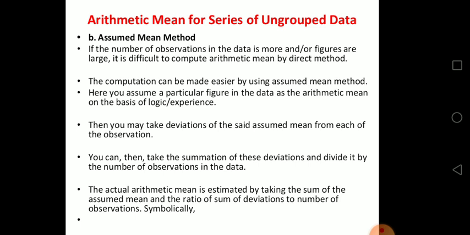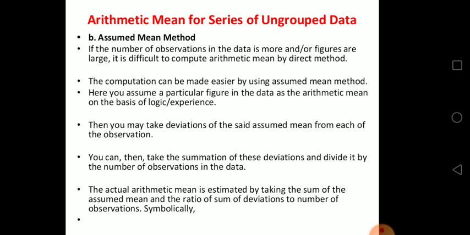If you have large observations, it's very difficult to use the direct method, especially when the observations are not reoccurring. So it is very important that we learn how to use the assumed mean method. Using this method, the computation can be made easier.